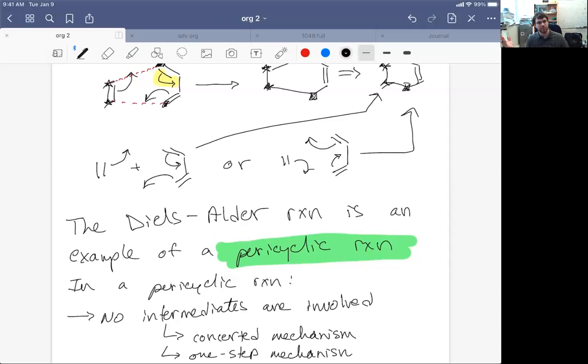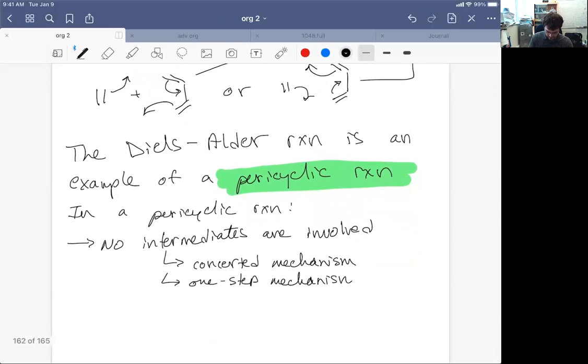We don't have the buildup of carbocations. We don't deprotonate anything to make an anionic intermediate, which then looks for a positive charge. We have these interacting pi systems. So in a pericyclic reaction, pi systems interact to rearrange electrons.